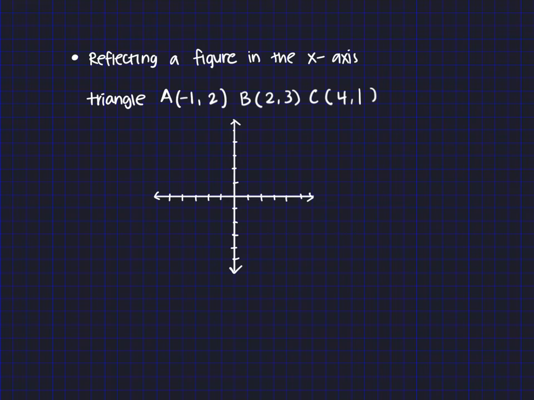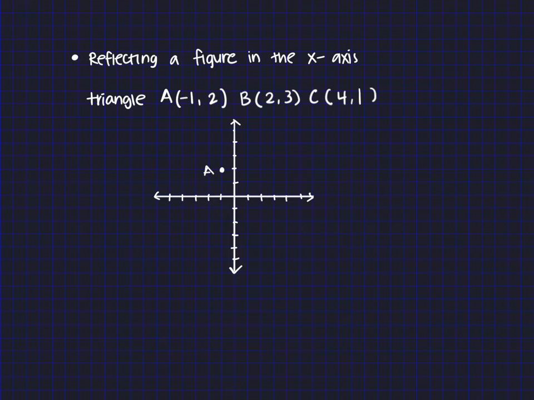So I drew a 5x5 coordinate plane. It doesn't have to be 5x5, but I do have numbers up to 4, so I wanted to make sure I have enough room. So let's go ahead and graph points A, B, and C, where A is going to be (-1, 2), so I go 1 to the left and 2 up, and you're going to have a point A right there.